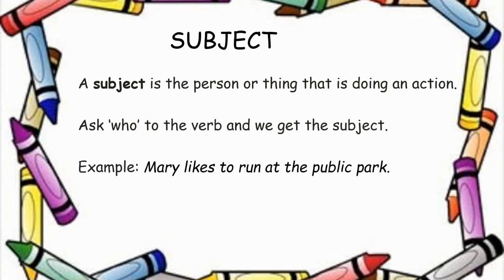If you ask the question who to the verb in the sentence, you will get the subject. For example, Mary likes to run at the public park. Now, which is the verb in this? Likes is the verb. So, if you ask the question who to the verb likes, who likes? Mary. So, then Mary is the subject.